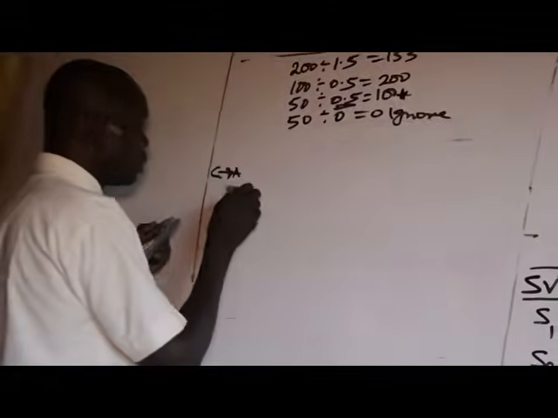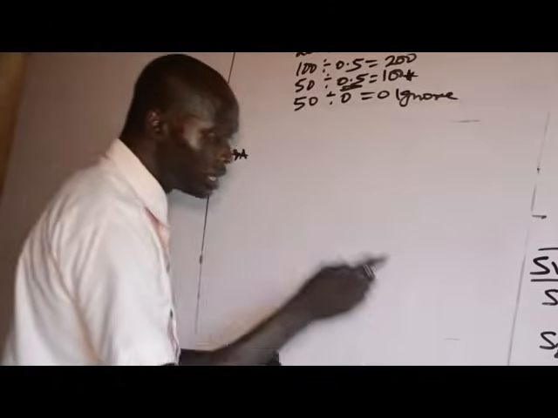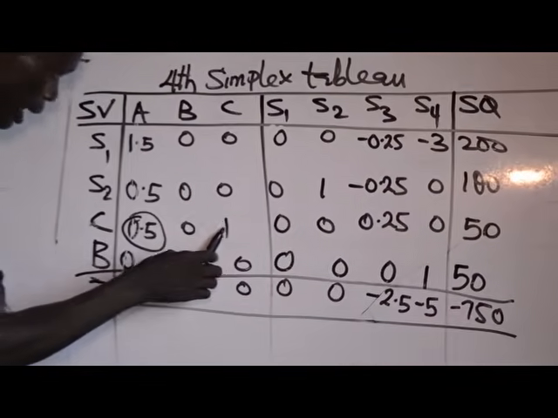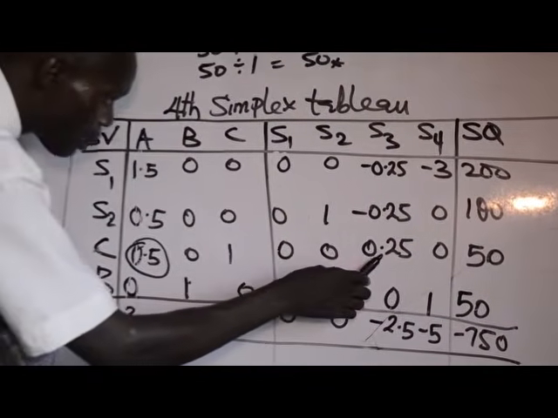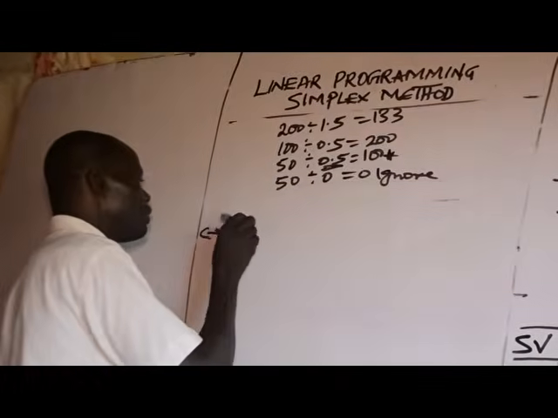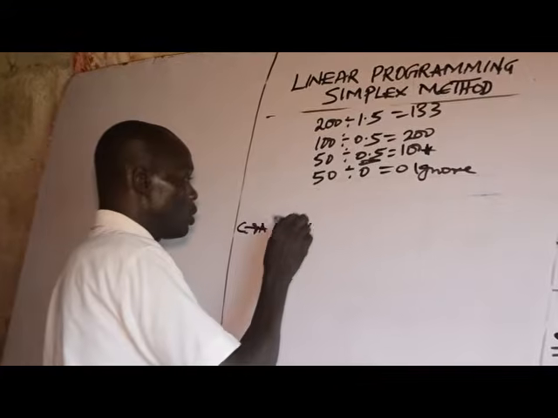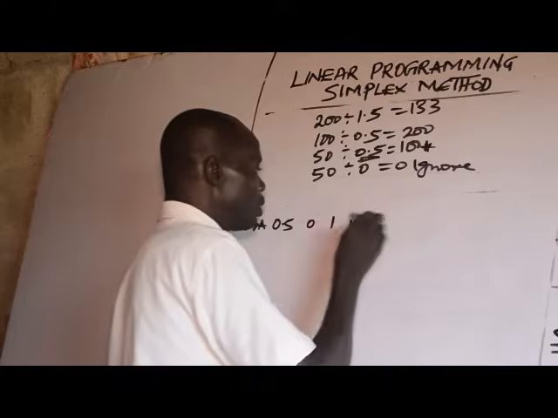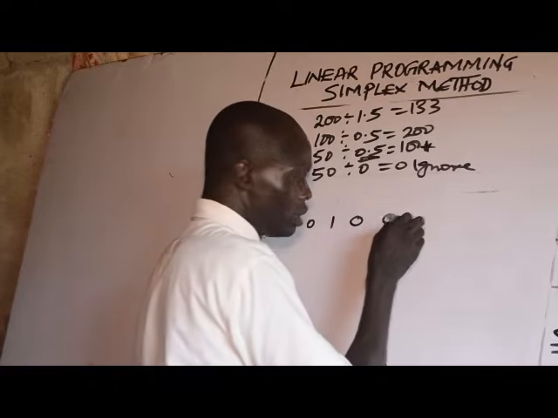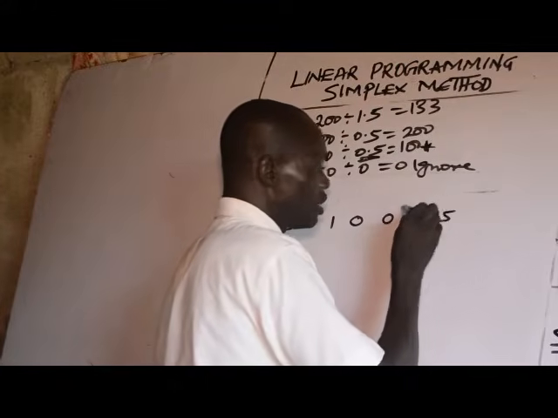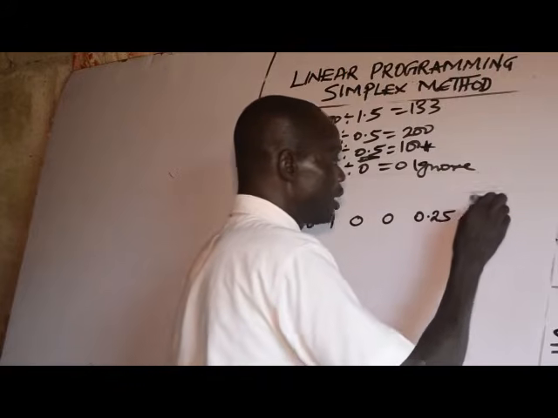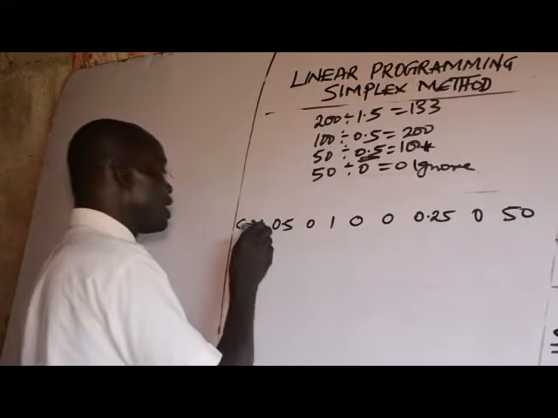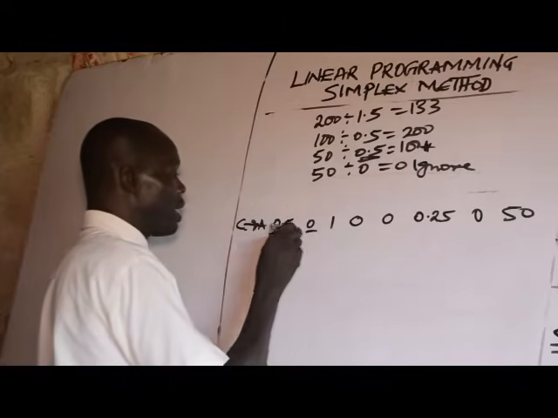Our old A row is 0.5, 0, 1, 0, 0, 0.25, 0, and 50. You divide everything by 0.5, which is the value of the pivot.